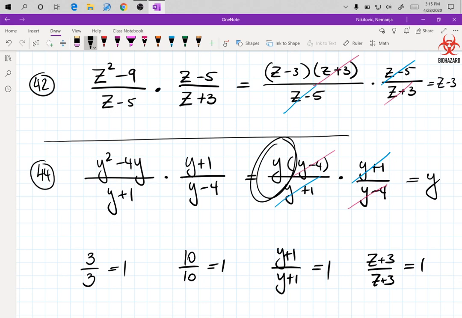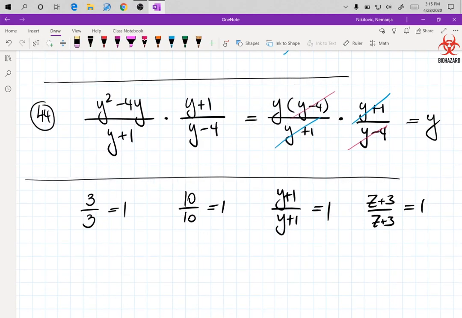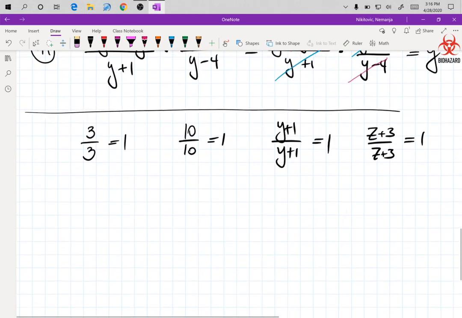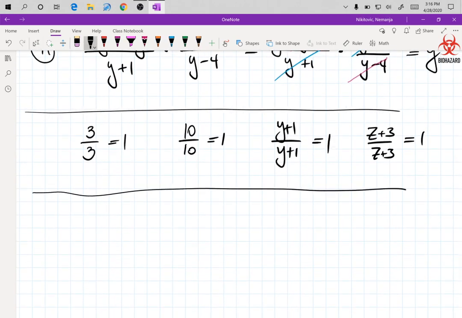You are canceling these expressions into a 1, and then y times 1 is y. So that's the idea about canceling fractions, right? What you're doing is dividing the two values, and that's why they must be identical.